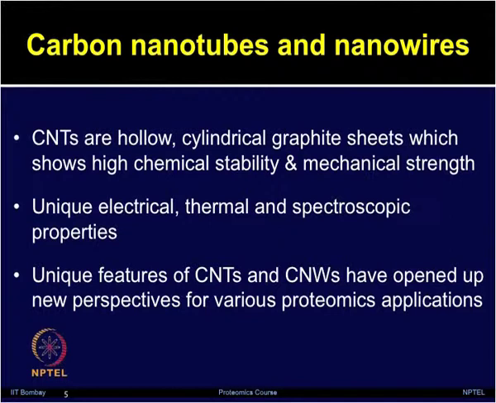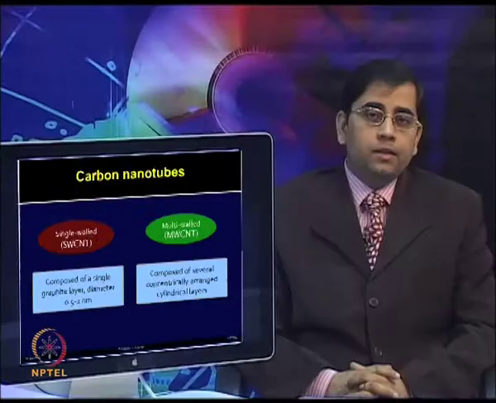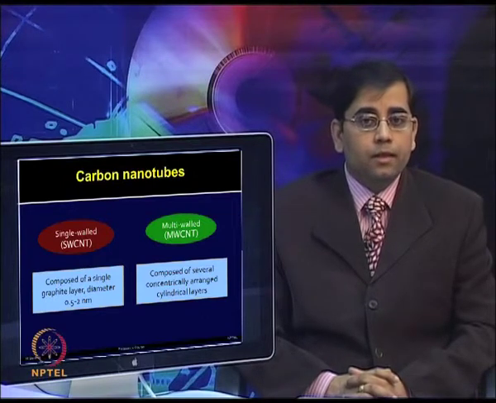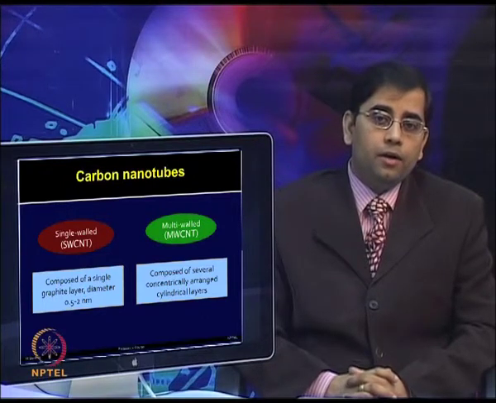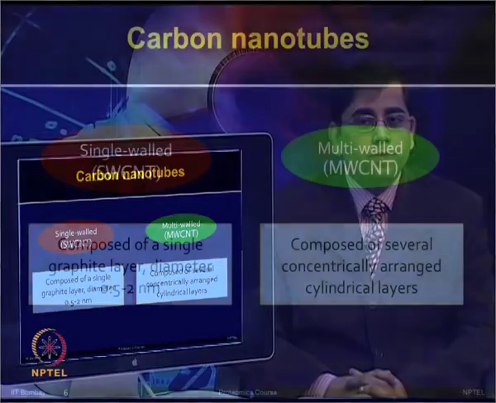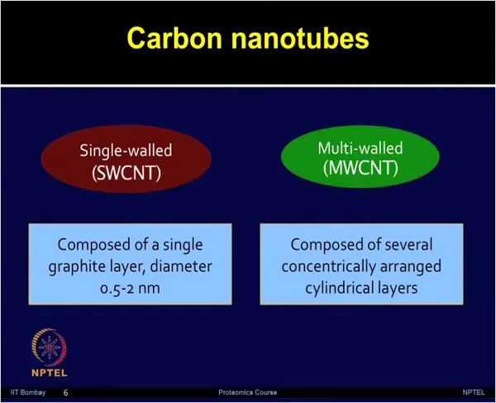These various unique features of carbon nanotubes and nanowires have opened up various new applications in the field of proteomics. There are two different types of carbon nanotubes, single walled or SWNT, or multi walled or MWNT.